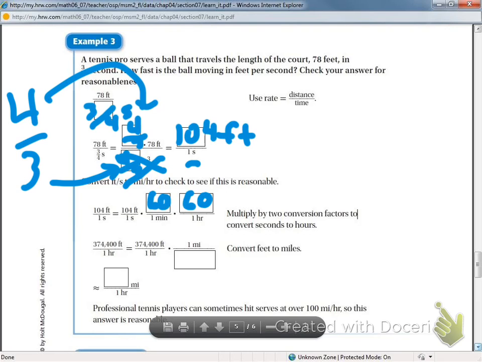So 60 times 60 is 3,600 times 104 is 374,400. And then I'm going to find out in my handy dandy, not my notebook, my textbook. In the back it gives me my conversion chart from feet to miles, and there are 5,280 feet in a mile.